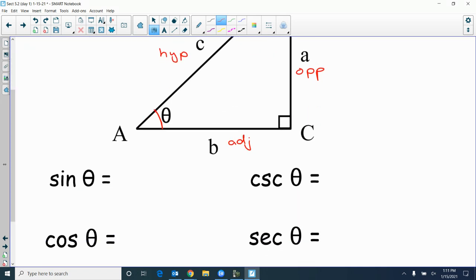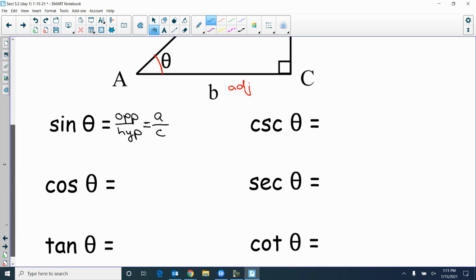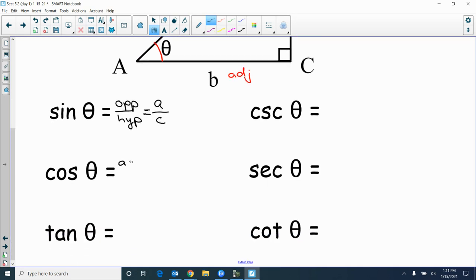So sine is opposite over hypotenuse, which in this case is A over C. We're just going to look at the ratios. Cosine is adjacent over hypotenuse, which is B over C. And then tangent is opposite over adjacent, which is A over B. Do you remember cosecant?